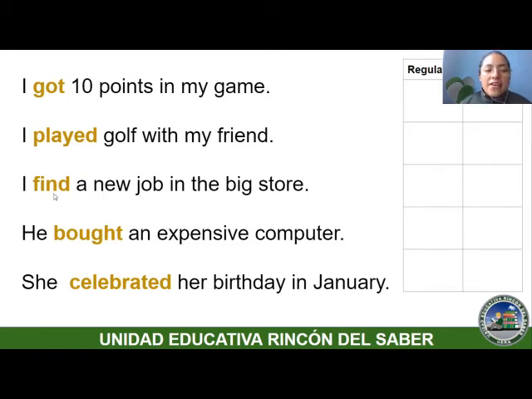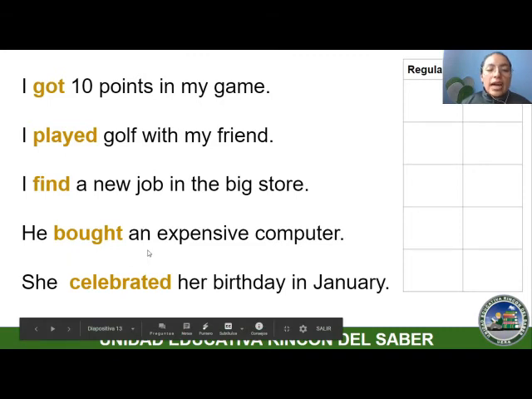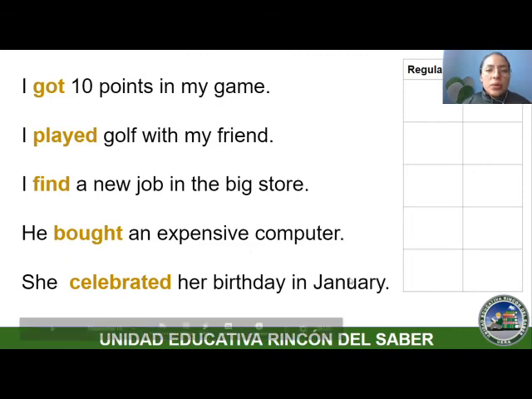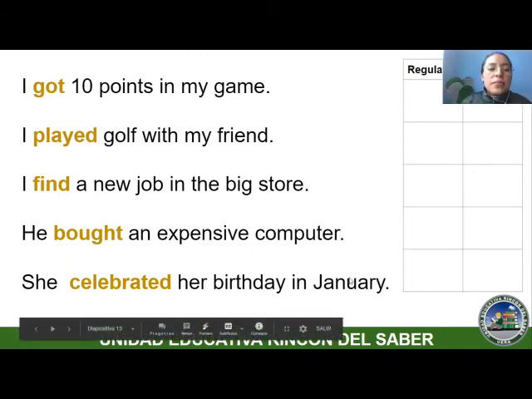Next, I find a new job in the big store. In this case, the verb is regular or irregular verb. Please put a tick. Next, he bought an expensive computer. Expensive, caro.